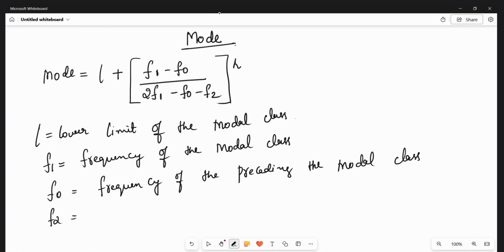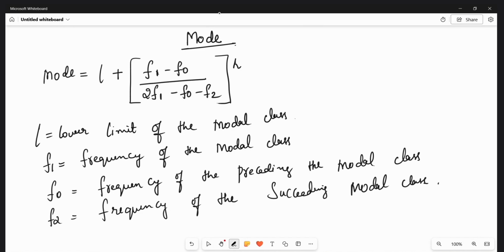F2 is the frequency of the succeeding class, the class after the modal class. And H is the size of the class interval.